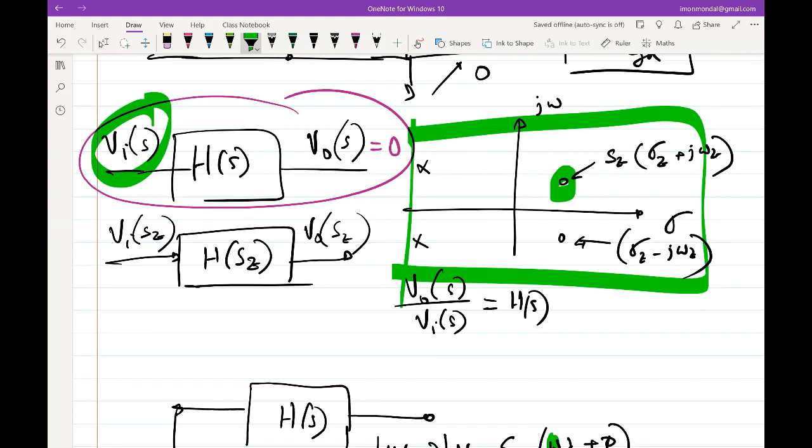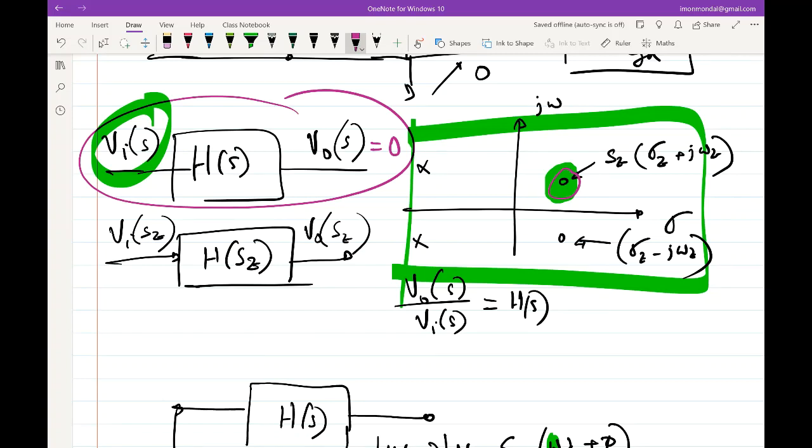After sweeping somewhere, I will come up to this point, right? I will come here, and then I will suddenly see that the output is 0. Right? I am in search of that point.